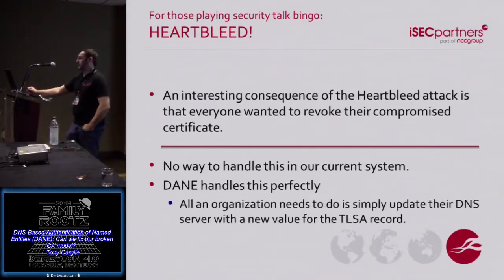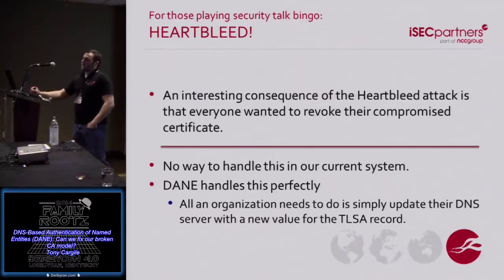And if you actually go onto Imperial Violet's blog, he eloquently states that they don't. They just couldn't handle it. There's no way that they can actually handle this many revocations at one time. And so a lot of them are still valid certificates that an attacker could use against each and every one of you right now.